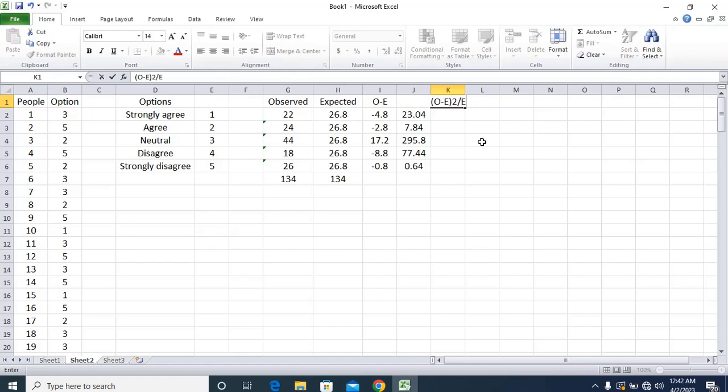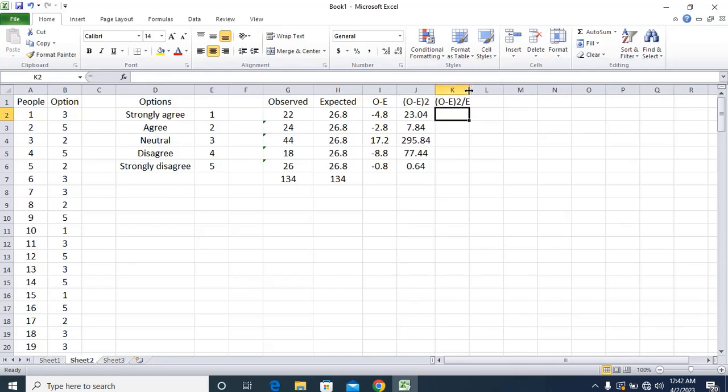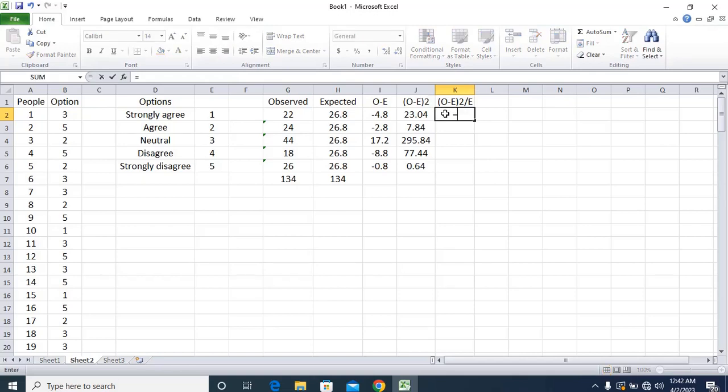We are going to make an arrangement for the chi-square value. First of all, we put the observed minus expected whole square divided by E. This is the E, the expected value.